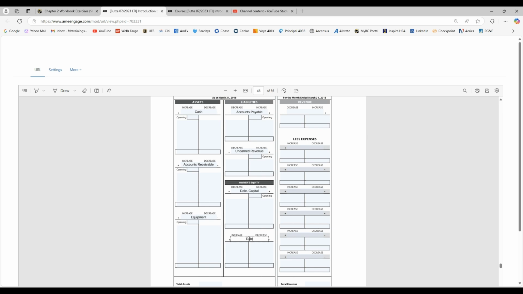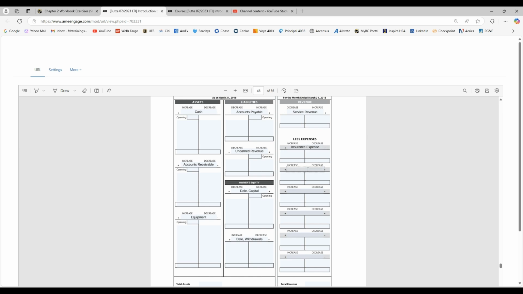Let me just put one more on the balance sheet side, withdrawals, and then on the income statement side we have revenue, service revenue. We are a service provider in this instance.